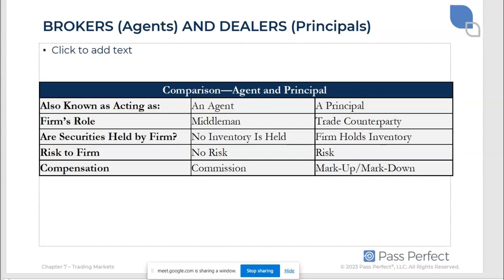Or they can act as a dealer, and as a dealer, they act in a principal capacity. Principal capacity means they're actually part of the trade. They're on the other side of the deal. So as a stockbroker, in an agency capacity, think of a real estate agent. What does a real estate agent do? Find someone who wants to buy a house, match them up with someone who wants to sell a house, right?